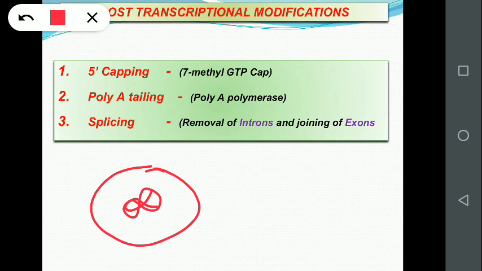So there is no structure covered around the genome. That is why it is a prokaryotic cell. Because of this, the DNA is actually exposed to the cytosol. Translation takes place here in the cytosol, and here the transcription, replication, everything takes place on the genome.